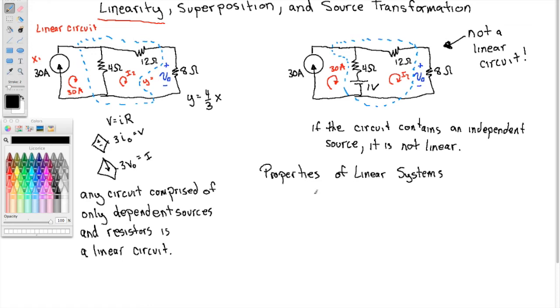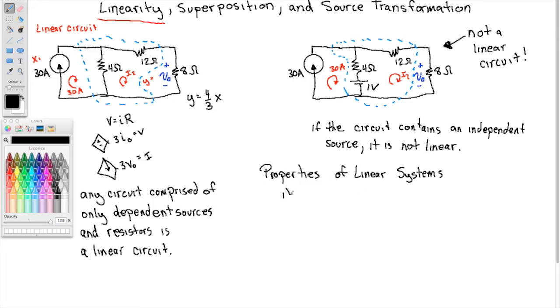A linear system is not specific to circuits, okay? And these properties are not specific to circuits. You'll see in your mechanical engineering classes that any system made up of masses and springs and dampers, that's a linear system as well. So this is not specific to circuits, the properties of linear systems.